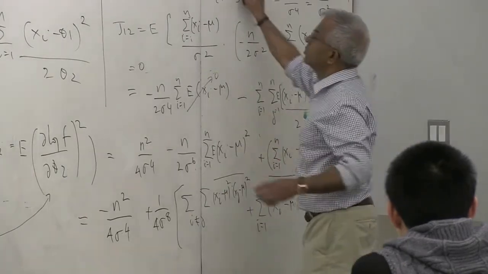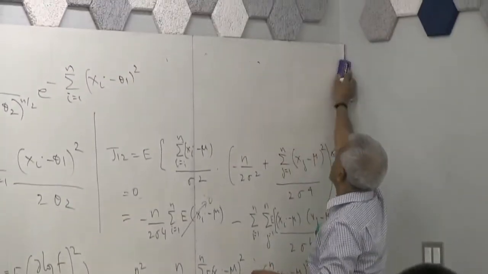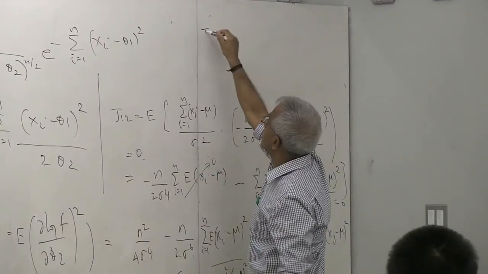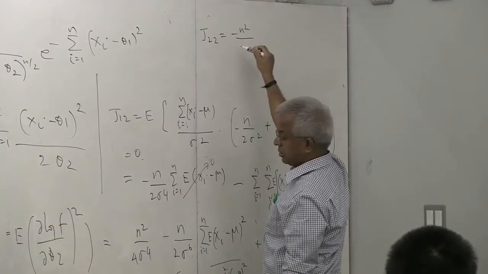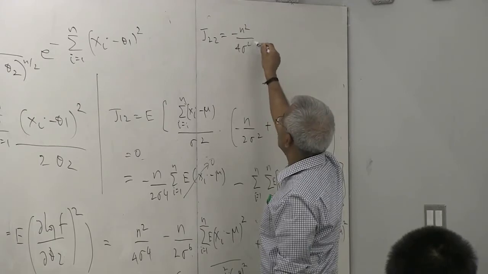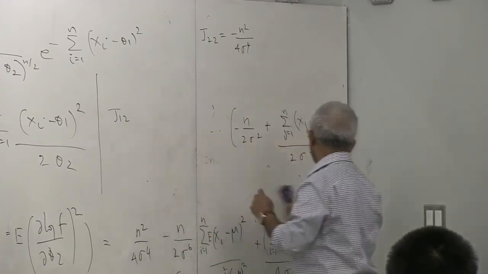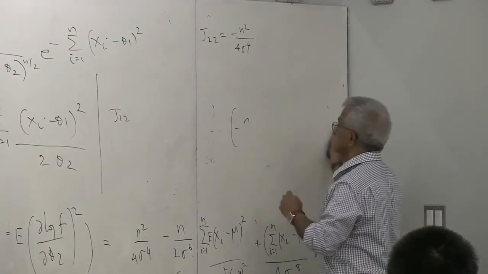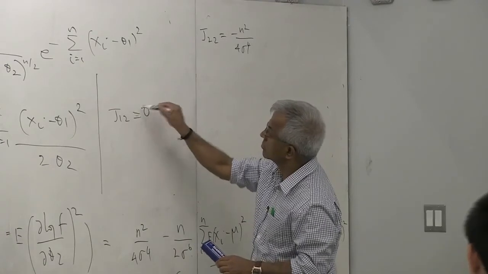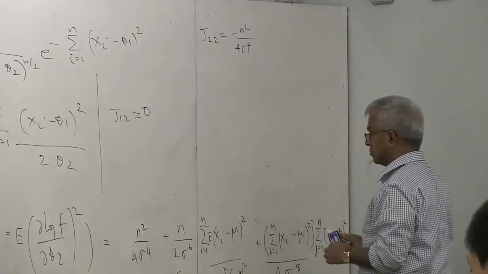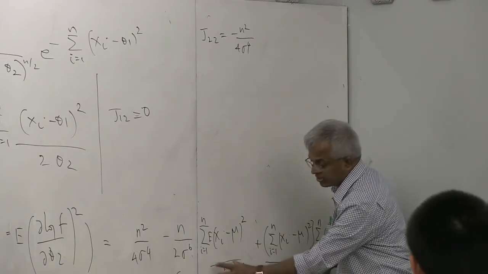So let me write down here. J22 turns out to be minus n squared over 4 sigma to the 4, then you see when i is not equal to j, this is independent.